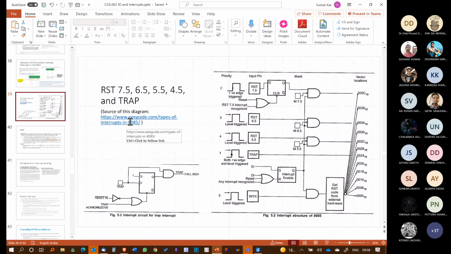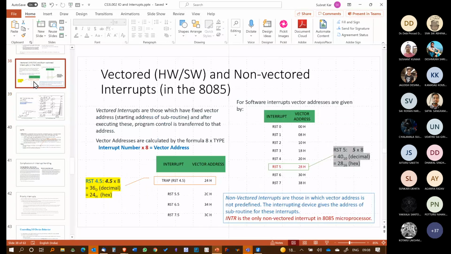Feel free. Now, if you look at what is being said in this diagram, it says that there are these hardware vectors and there are these software vectors. All of them are restart instruction based vectors, right? Except, of course, the INTR, which is the only non-vectored interrupt.